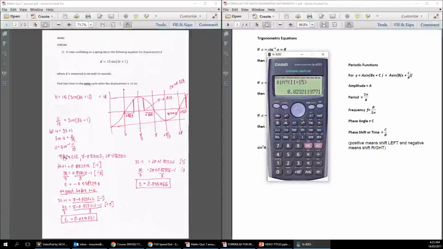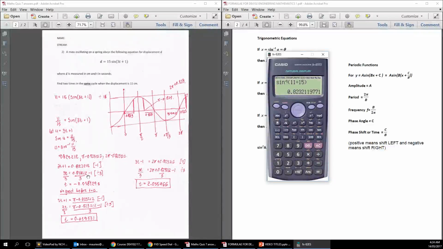So let's start with the first one, 0.823. Now we know that that's what u equals, and now we want to find out what t is. So 3t plus 1 equals 0.823212, because that's u. All right, so now we subtract 1 from both sides, and get 3t equals 0.823212 minus 1.